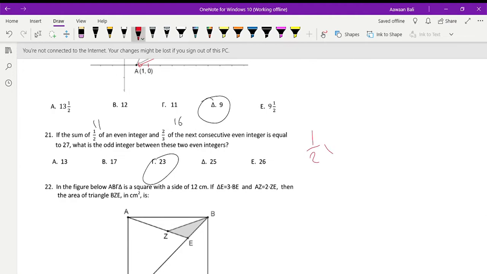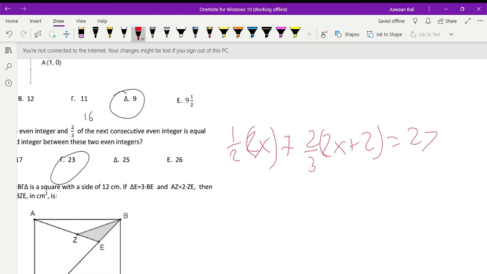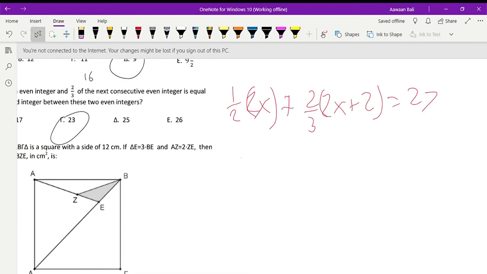However, when you're doing another thing here, you can just use algebra. Half of x. You could say 2x, to be more sure, plus 2 upon 3 of 2x plus 2. There. Easy, right? And that's 27. So we know a half of 2x is obviously x.